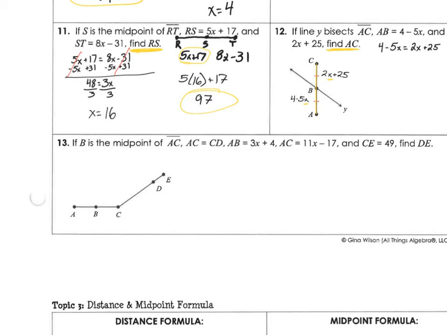If B is the midpoint of AC, so that means these are equal, and AC equals CD, so this is equal to this. Okay. AB equals 3x plus 4.